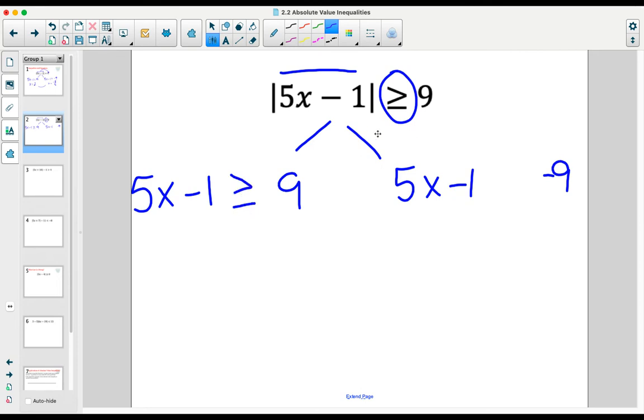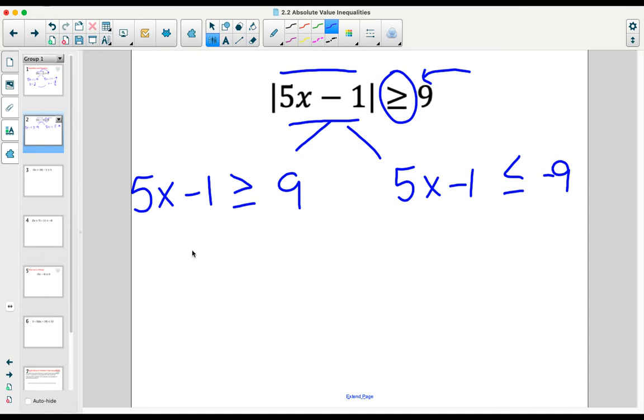Or, in order for my absolute value to be greater than or equal to 9, I'm going to need my inside argument to be less than or equal to negative 9. So if you're picturing the number line and where these solutions would fall, this is very clearly going to fall in a situation where we'll have solutions outside of a particular region. And that's exactly what happens.